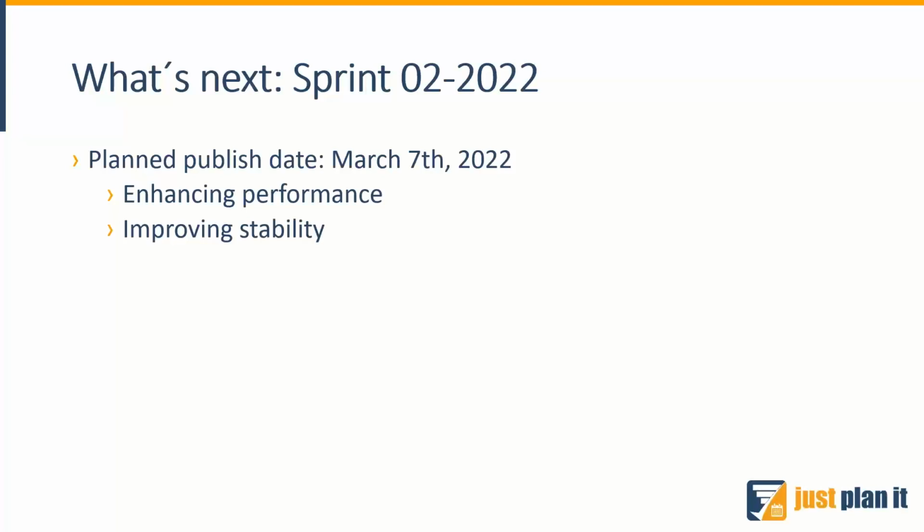With this sprint, and most likely also with the upcoming sprint, our focus is enhancing the performance of Just Planet. And Jan has explained the path that we are following currently and that we opened with our last release, and we want to follow that path.